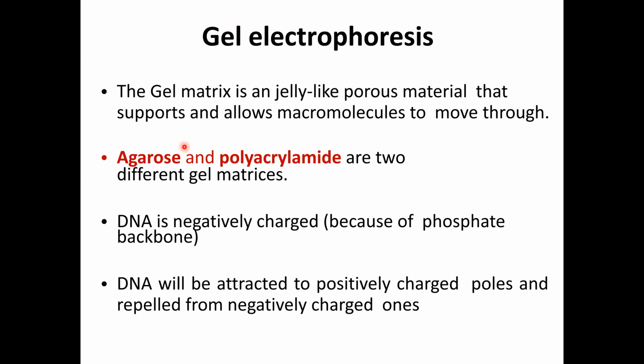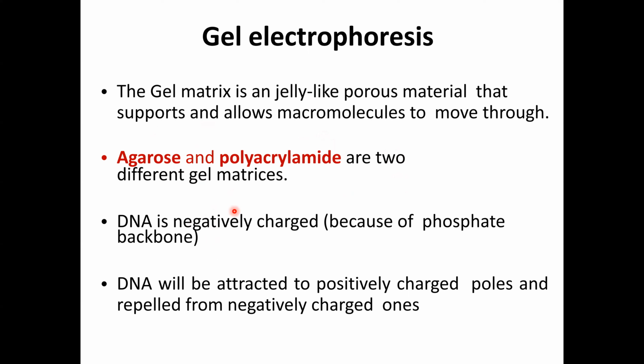There are two different gel matrices that we use in the laboratory. One of the most common is the agarose gel. However, some other laboratories also use polyacrylamide gel matrices. For us, we use 0.25% agarose gel added with other solutions.